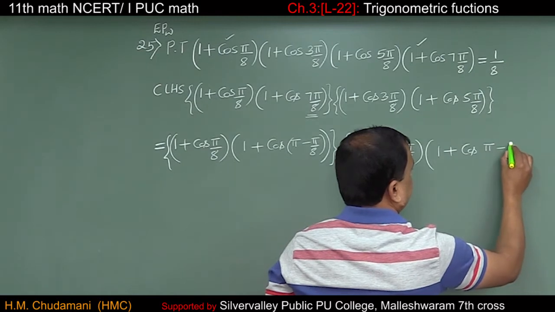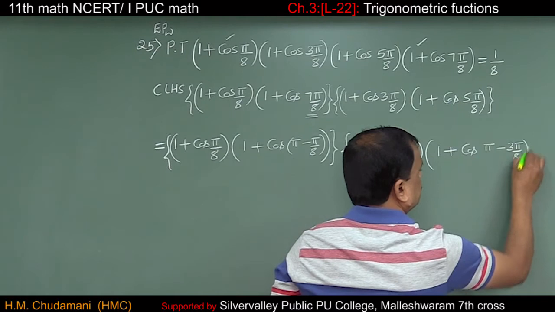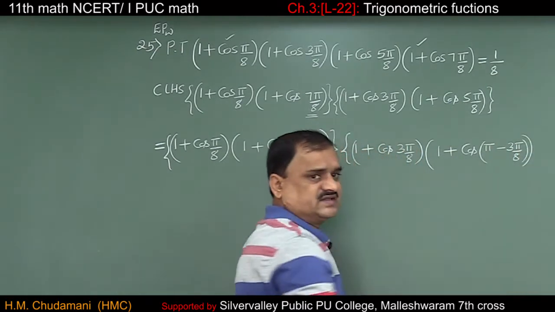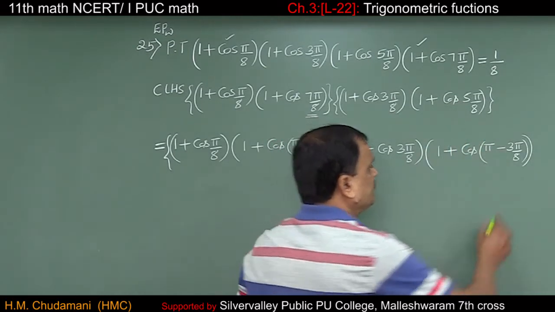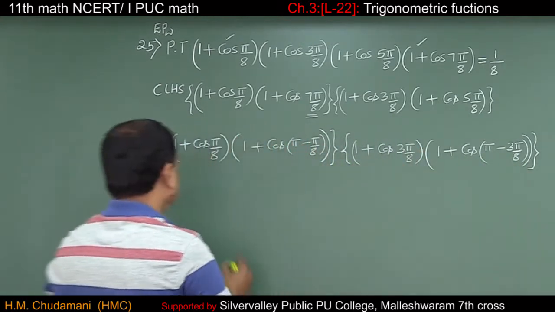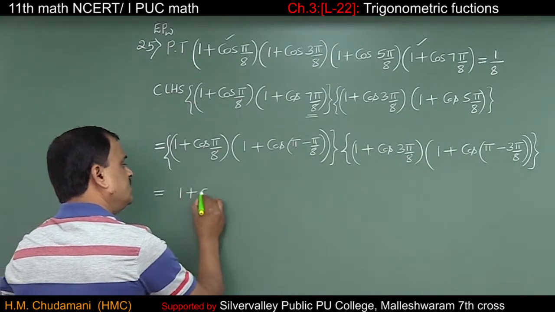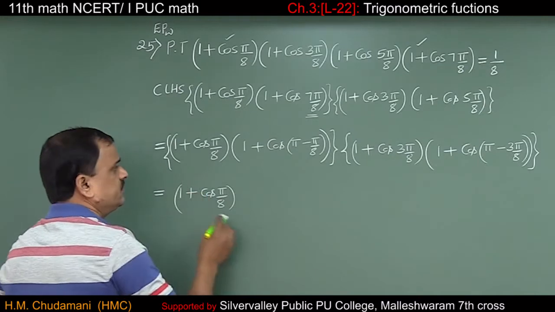Pi minus 3 pi by 8. Observe this, 8 pi, take the LCM, 8 pi minus 3 pi means 5 pi by 8 only, no? 5 pi by 8. So, this is equal to 1 plus cos pi by 8.